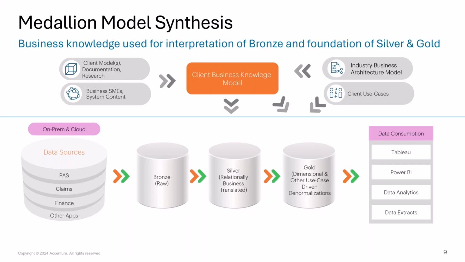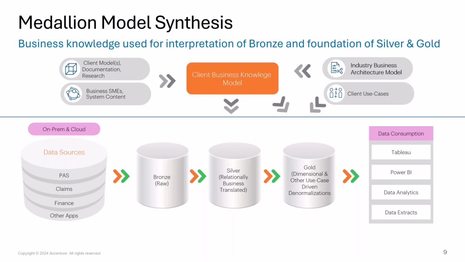We try to start with an industry business knowledge model like AUDM, which has a narrative semantic foundation, and we use a variety of other inputs to gain knowledge of the business architecture, to adapt it to the client's business and their business architecture, such as other internal models, documentation, as well as research.